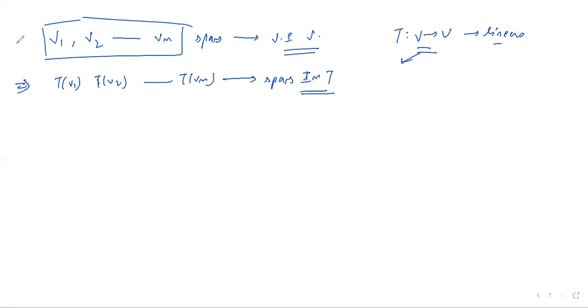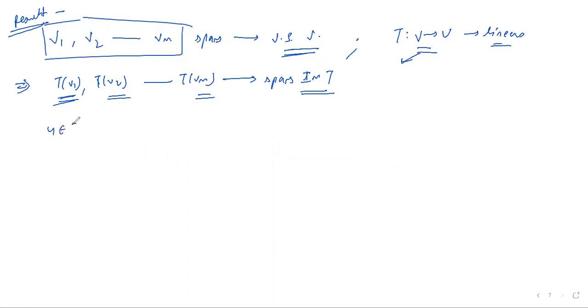This is a result: if I have vectors v1 to vn which span my whole vector space, and there exists a linear mapping from V to U, then the corresponding images T(v1), T(v2) to T(vn) span the image of T. Let's see how.